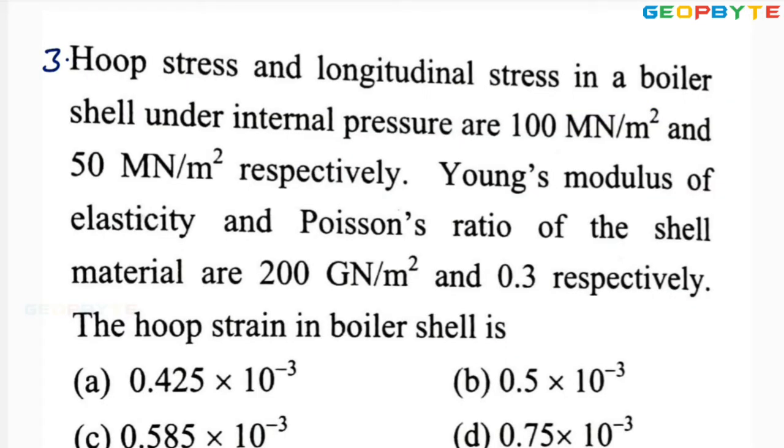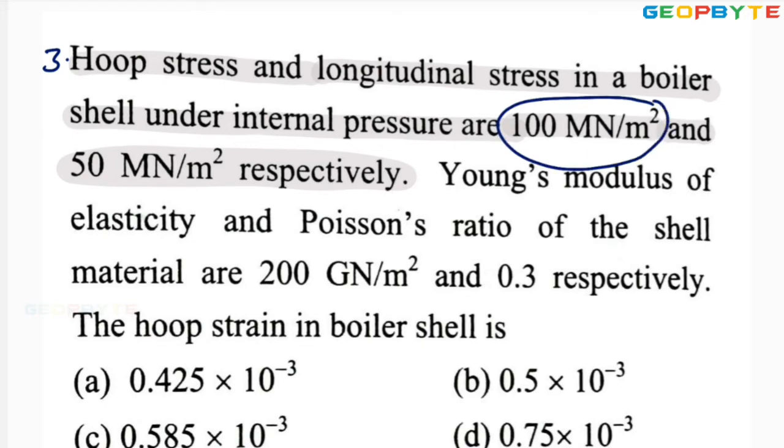Look at the problem. Hoop stress and longitudinal stress in a boiler shell under internal pressure are 100 meganewton per meter square and 50 newton per mm square respectively. So this is the hoop stress, is also called circumferential stress, and this is the longitudinal stress.